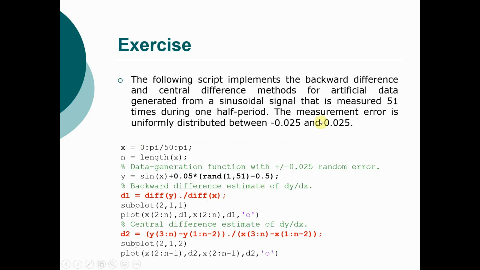Now let's look at this one. Here we have our x, which goes from 0 to pi with a step of pi over 50, so our h is pi over 50. And this is our y. It's a sine function, but it also has some random noise.